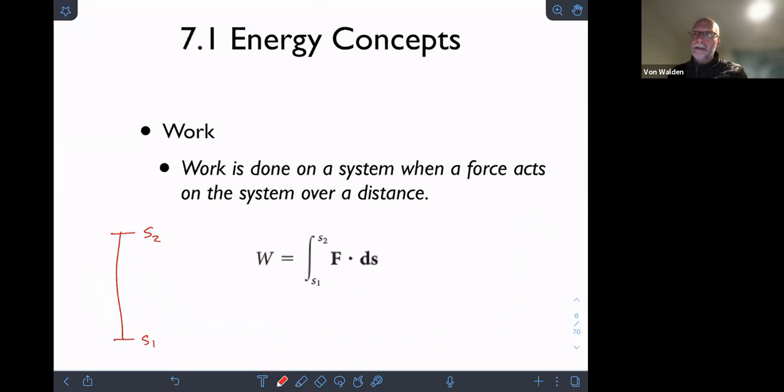So mg is the force, and if this height is z, then we're doing work to lift this mass from this point up to this point. We're basically going to do this amount of work, which is against the potential energy of gravity.